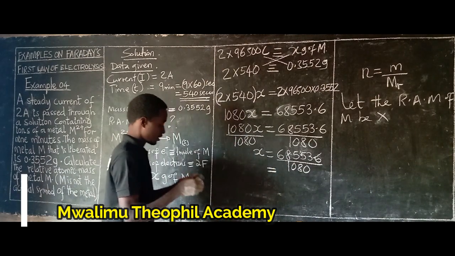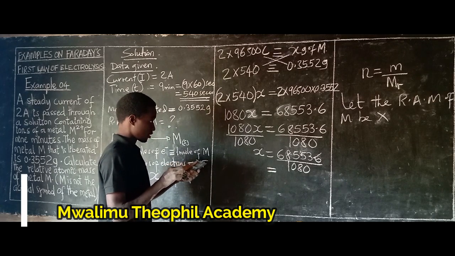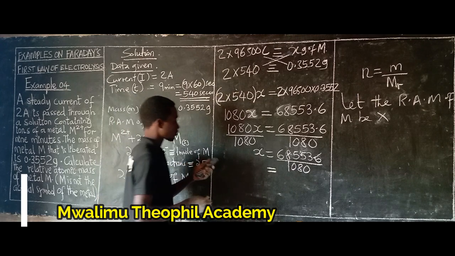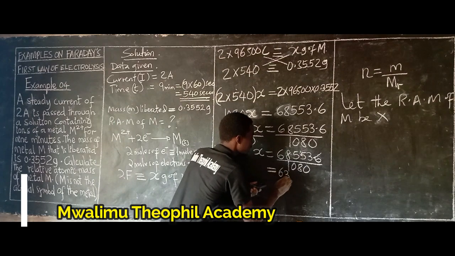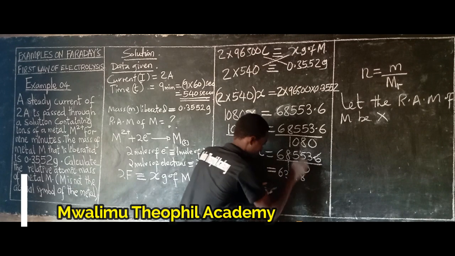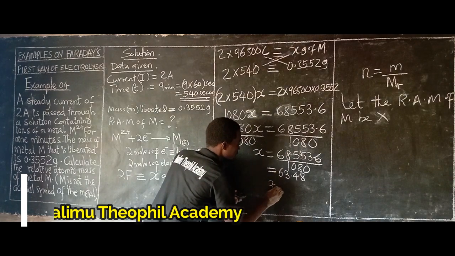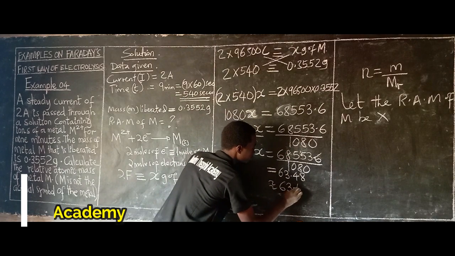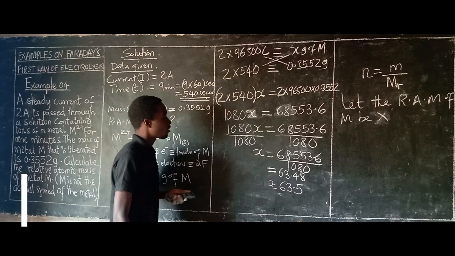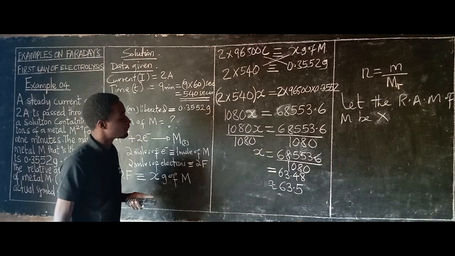Let us divide, and we are going to get 63.448. This is approximately 63.5. This is the relative atomic mass of metal M.